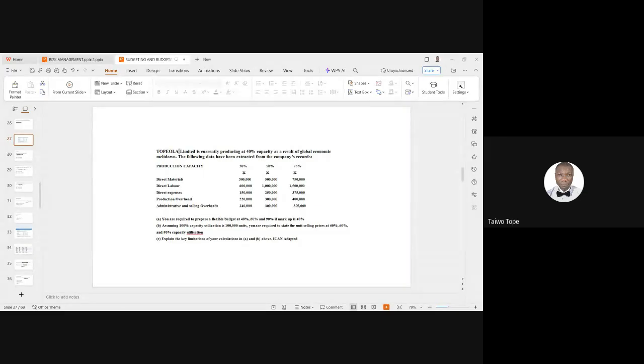So we use the high-low method to determine the overall variable cost, and not to determine the fixed cost in the production overhead, because fixed cost is constant. It does not change based on percentage.